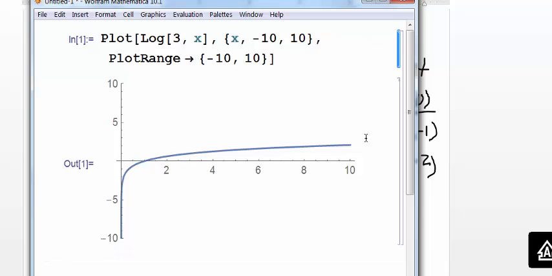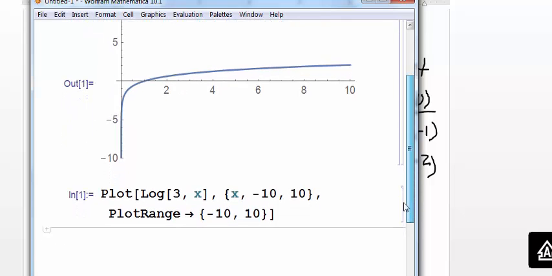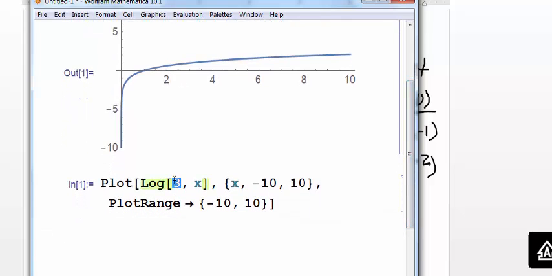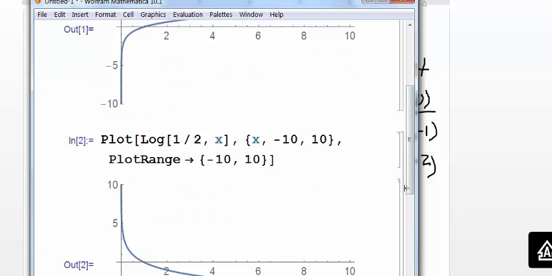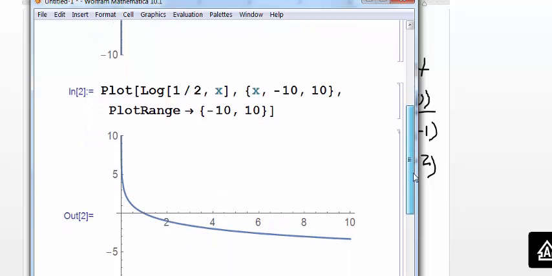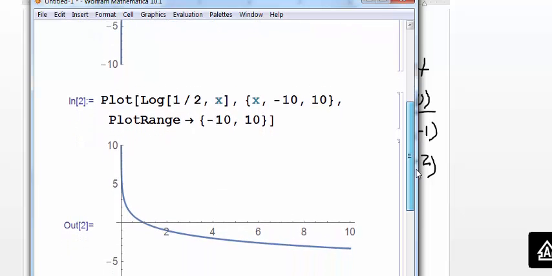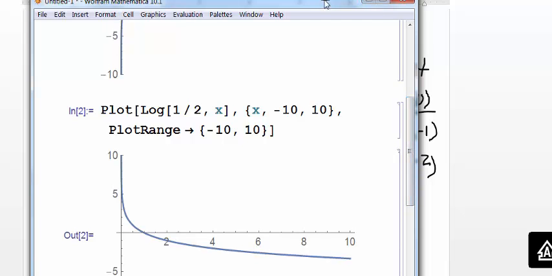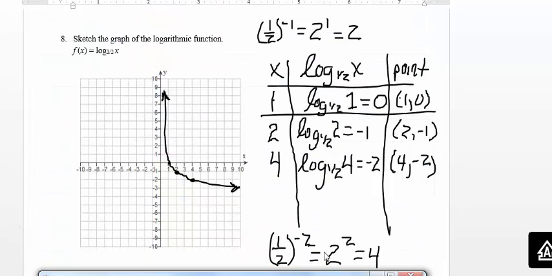The only thing we need to do is copy the code that we put in already and change 3 to 1/2. And we can run this. And notice that's exactly what we obtained. Same picture. So whenever the base of your log is between 0 and 1, your graph is going to have this shape.